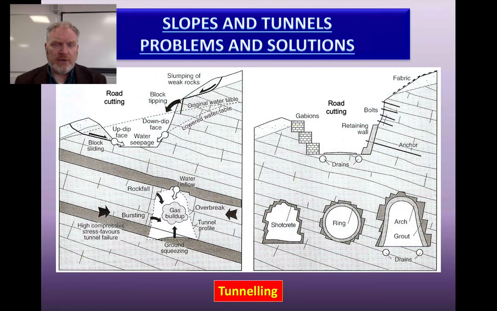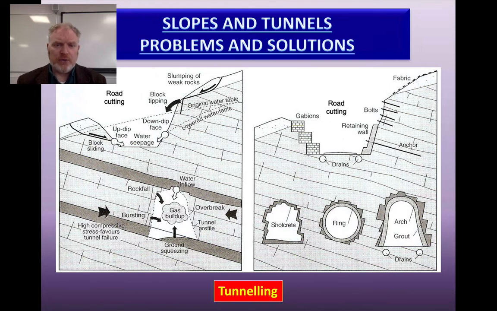Now, if you think about road cuttings, they're clearly dug for a reason, usually to reduce the angle of a road. They're perhaps even more important in a railway. We see an example of a road cutting just outside Cowbridge.